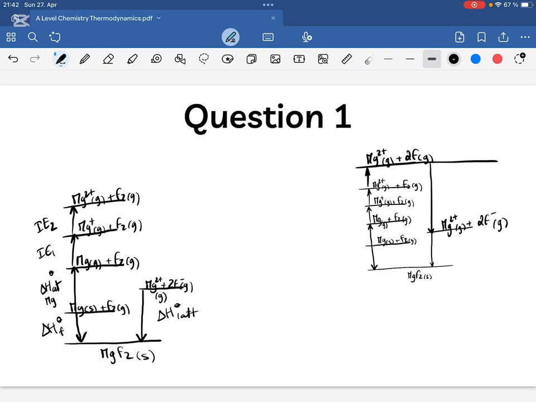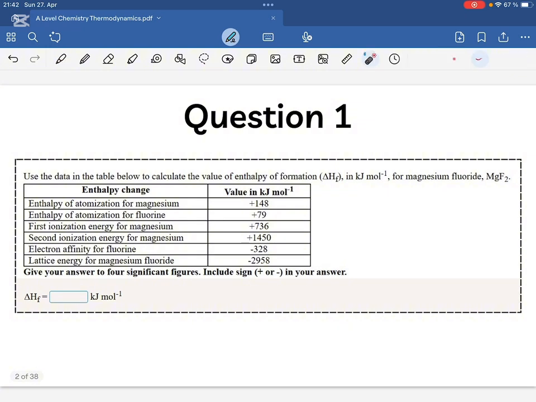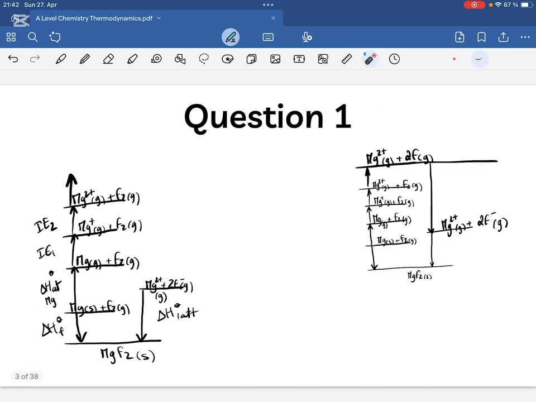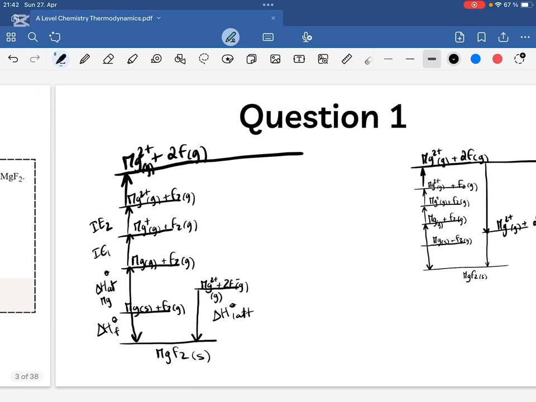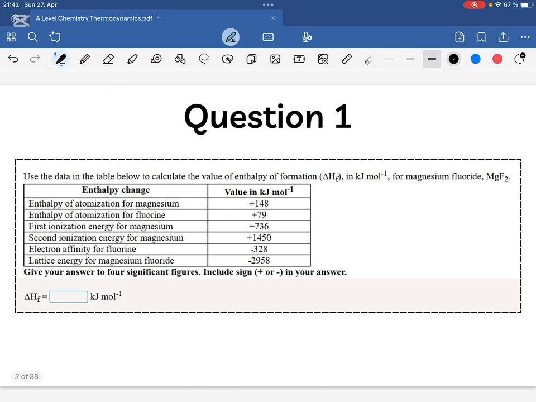So I'm also going to put an arrow upward because it's endothermic, and I know that it's endothermic because atomization is an endothermic process, and as you can see in the table, it's positive, and whenever it's positive, the arrow is going to be upward. And so this is Mg2+ gas plus 2F gas, and then I have to add electrons to fluorine, and this is what we call the electron affinity for fluorine, which is -328.